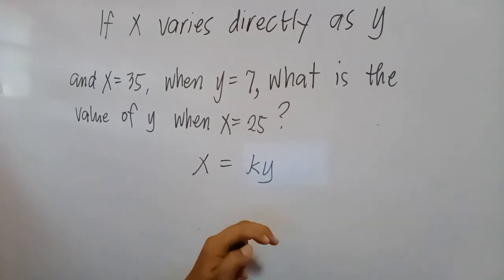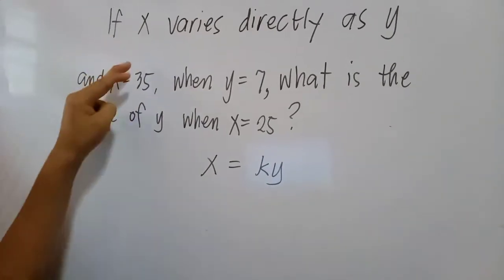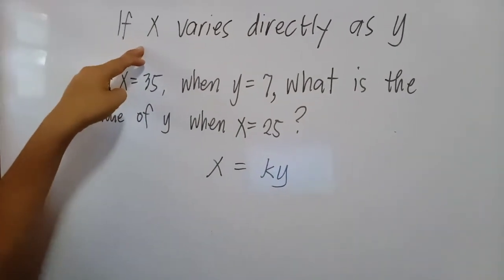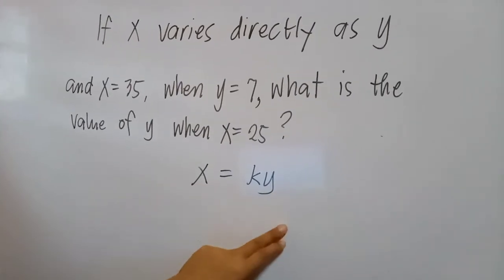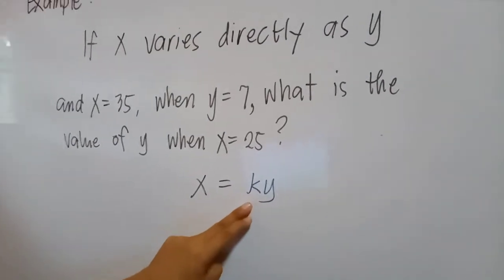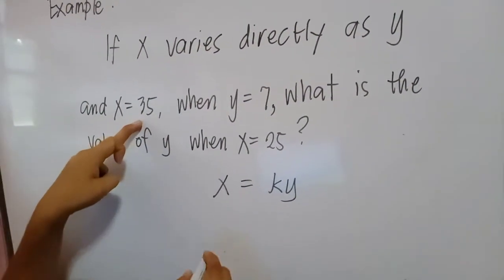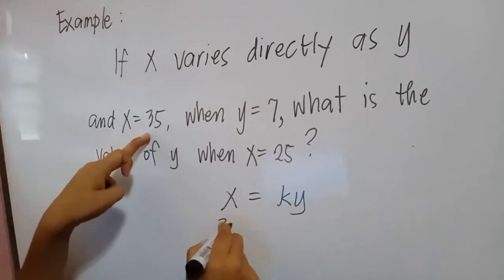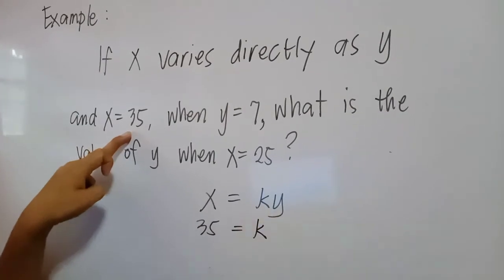So in a direct variation, hindi siya pwedeng magkapalit. Whatever is being mentioned first must be placed here. Okay, so x equals ky. Now for us to get the value of k, we will make use of the first given, and the first given is x equals 35. So substitute, and we will be solving for k.